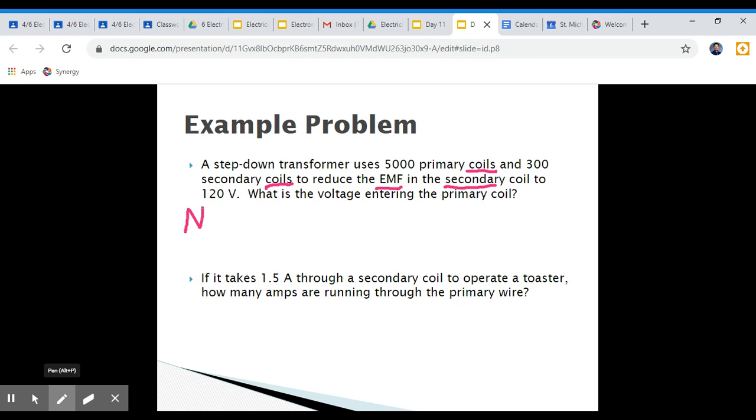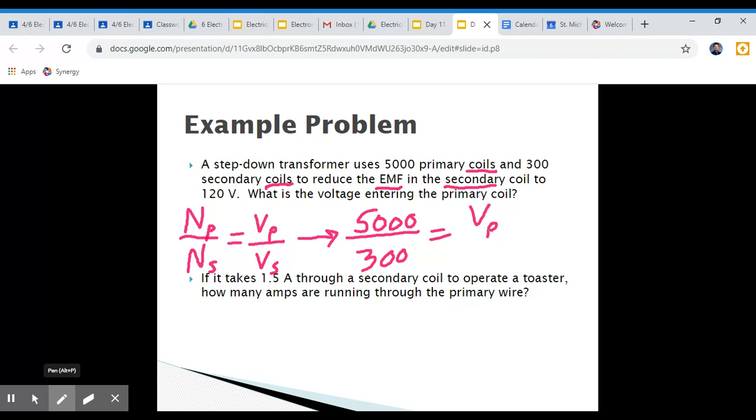So the ratio I'm going to be using is number of turns in the primary over number of turns in the secondary equal to voltage in the primary over voltage in the secondary. And now I can set up my ratio. So I would have 5,000 turns dropping down to 300 turns is equal to my voltage in the primary, because that's what we do not know, divided by my voltage in the secondary, which is 120 volts.